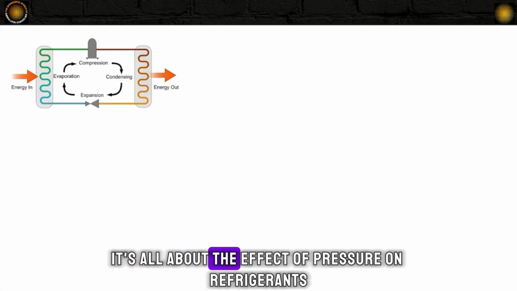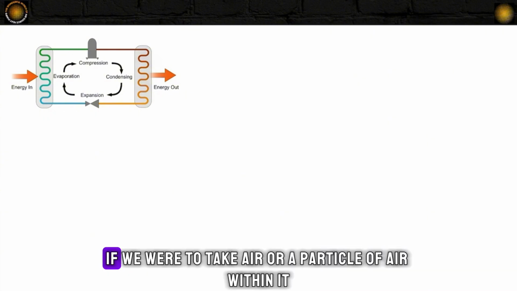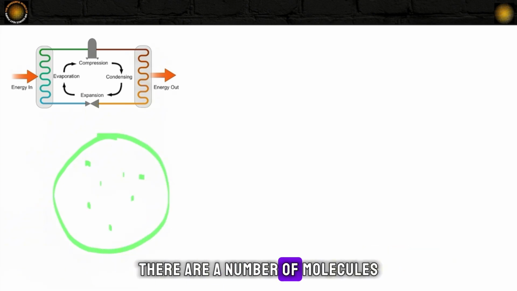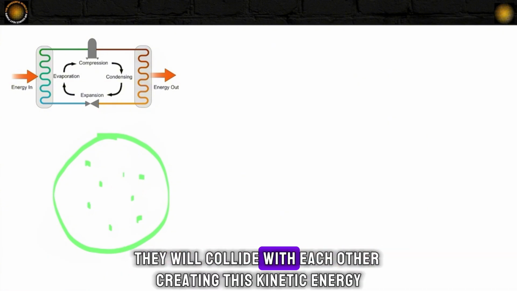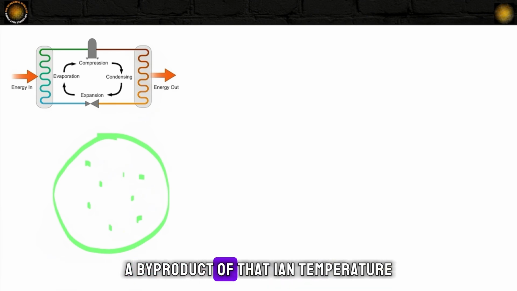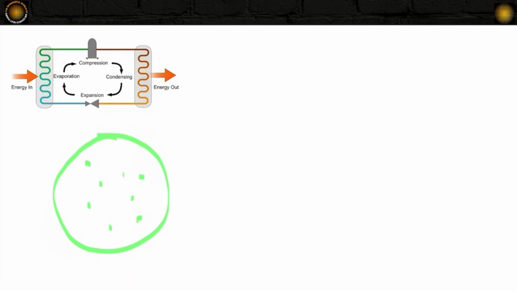It's all about the effect of pressure on refrigerants. If we were to take air or a particle of air, within it there are a number of molecules. If we were to squeeze them, much like our refrigerant, they will collide with each other, creating this kinetic energy, a byproduct of that being temperature.